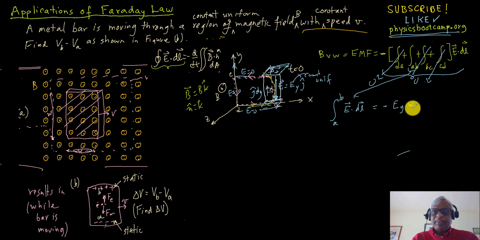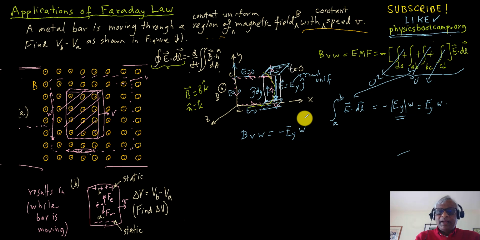The distance between them is W, so the electric field along this path is just EY W. So BVW from here equals minus EY W, and then EY is minus BV.